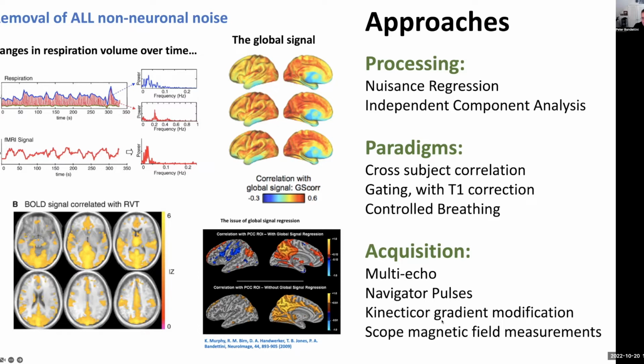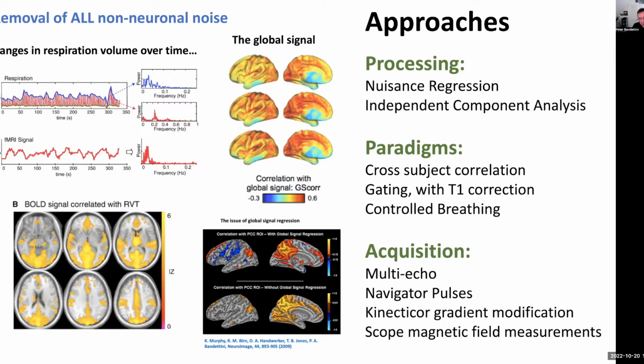It's kind of fragile. We have two systems. Neither of them are used that much. I think it's more critical for diffusion imaging and structural imaging. There's a company called Skope that measures magnetic field in real time near the brain, and it might allow you to get rid of a lot of these respiratory changes. And there are other variations as well.